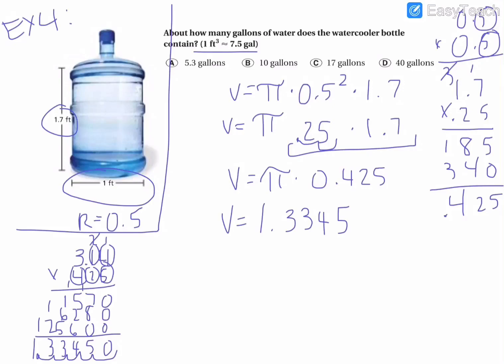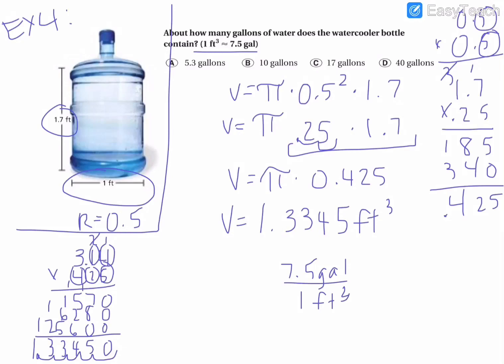Okay, so we still have to do some converting. So let's take a look at that. If it told us that 1 foot was equal to 7 5/10 gallons, in order to convert, and I actually should label this so I don't forget what it is that I've got, I need to get rid of the feet and I need to change this into gallons. So they told me that there are 7.5 gallons in 1 foot squared, cubed, sorry.